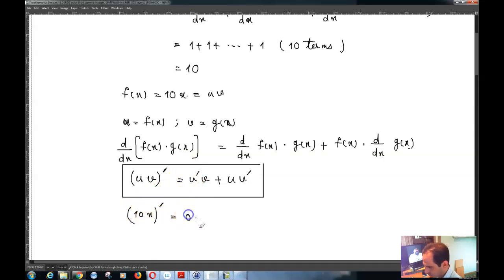It's going to be 0 times v, which is x, and then u is basically 10 times the derivative of v, which is equal to 1, which is equal to 10. Again, the same thing that we got over here.